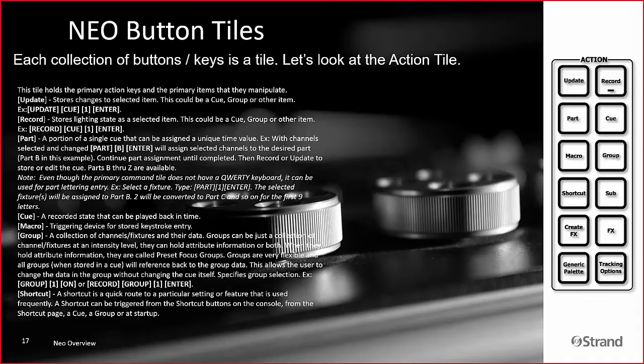And that's pretty much what it allows for. The rest of the buttons on the action tile are primarily items like cue, group, sub, effect, part, macro, shortcuts to allow you to simply record or update these items.